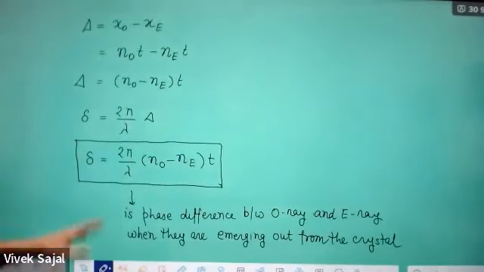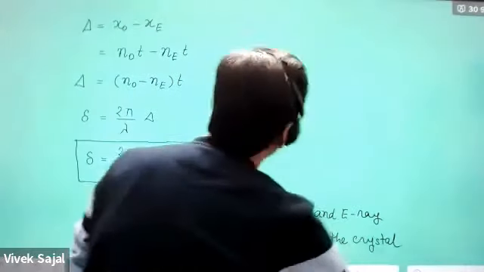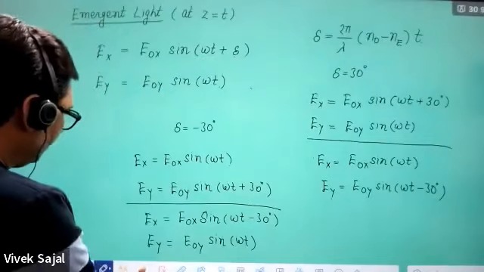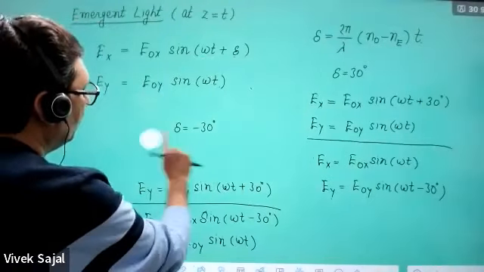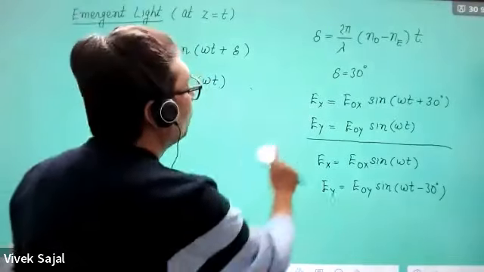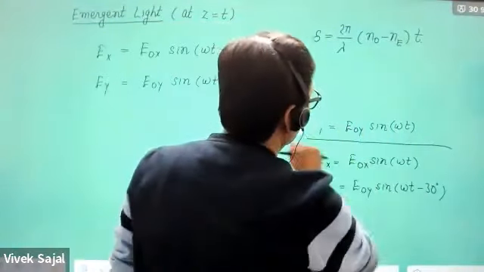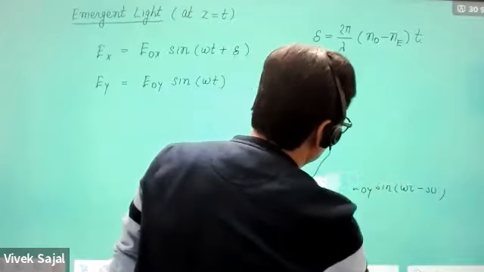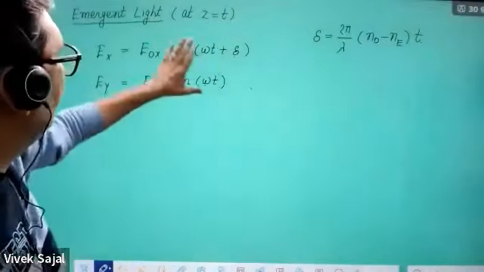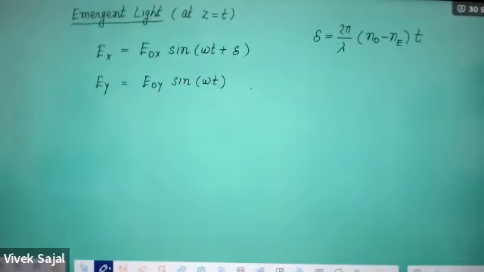So what will be my emergent light? It will be like this. I am removing this. Now, this is the phase difference, so this is my emergent light.